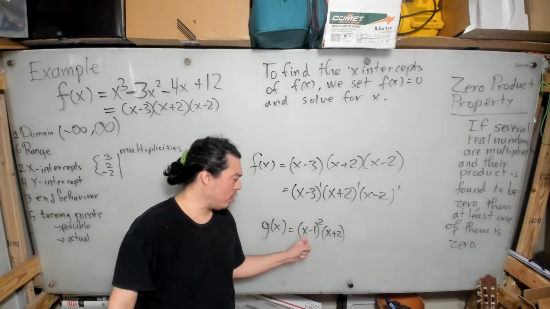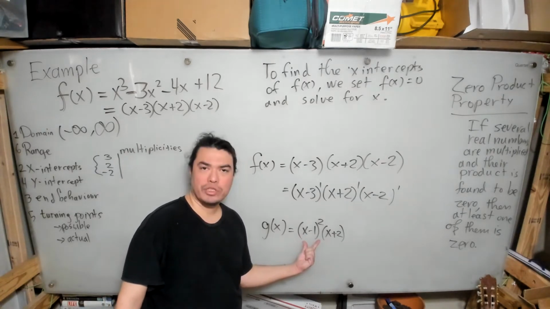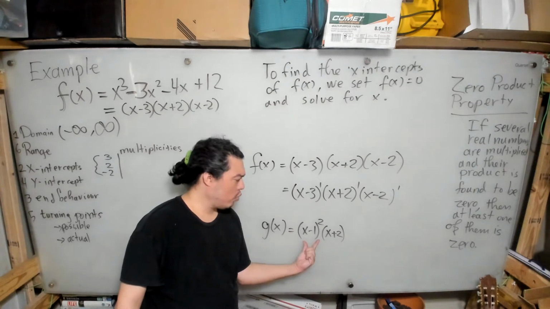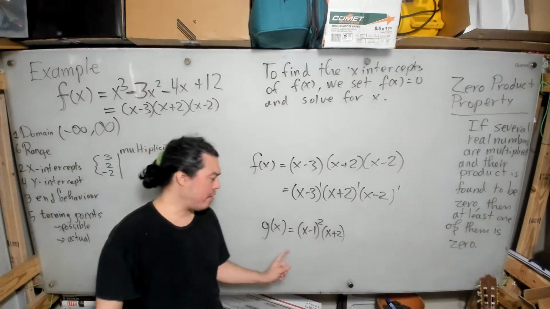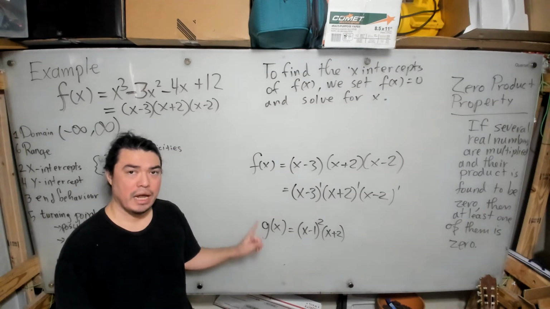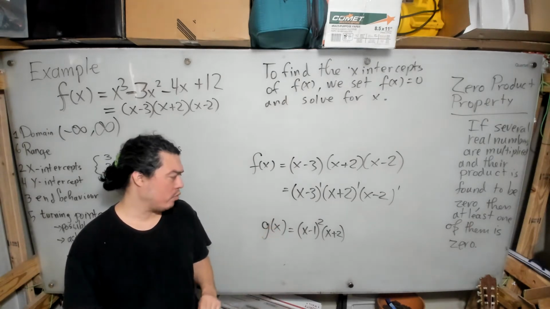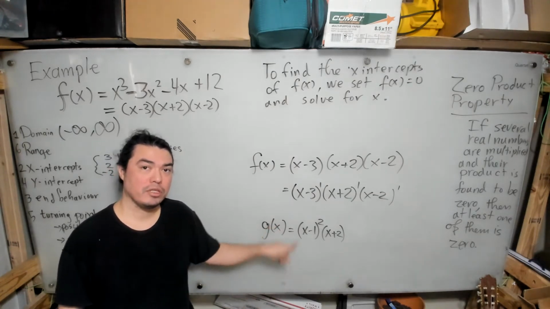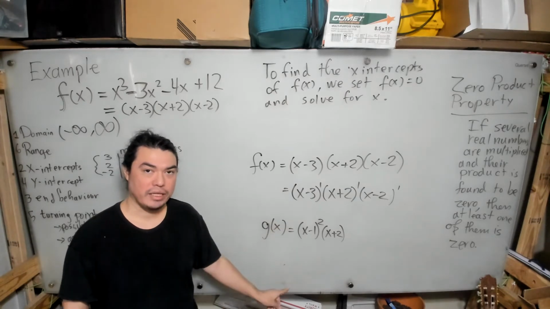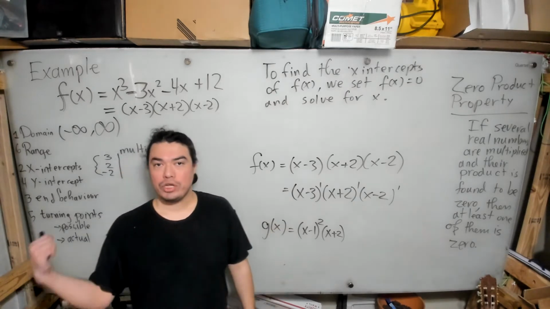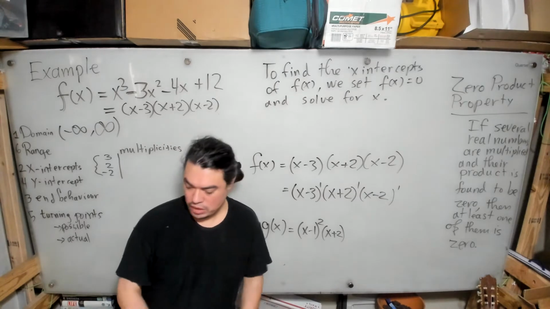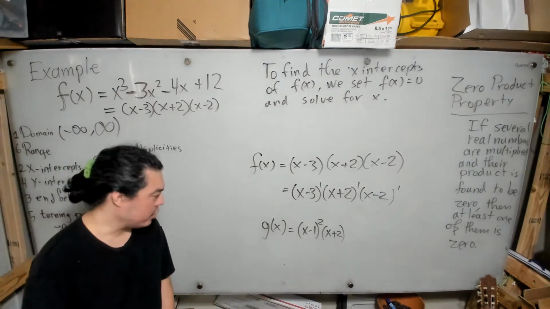Because if I plug in 1, 1 minus 1 is 0. So the zero associated with this first factor would have multiplicity 2, and so if I were to plot this graph, it would bounce there at 1. Now, we don't know if it's bouncing from the top like this or if it's bouncing from the bottom like that. We're going to look at that later when we talk about the end behavior. And in fact, let me photograph this so I can do this as an example in a moment.